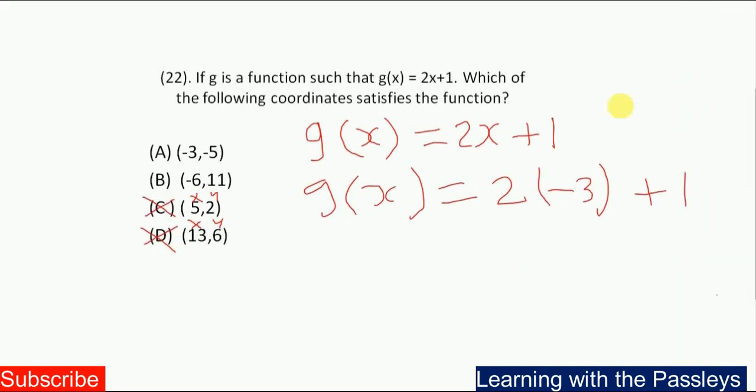Let us try option B. In B we have negative 6 and 11. So when I use negative 6 in this function, I should get positive 11. Since we know that the first value represents x and the second value represents y, I am going to insert negative 6 in this bracket, then multiply 2 times negative 6, which equals negative 12, plus 1.